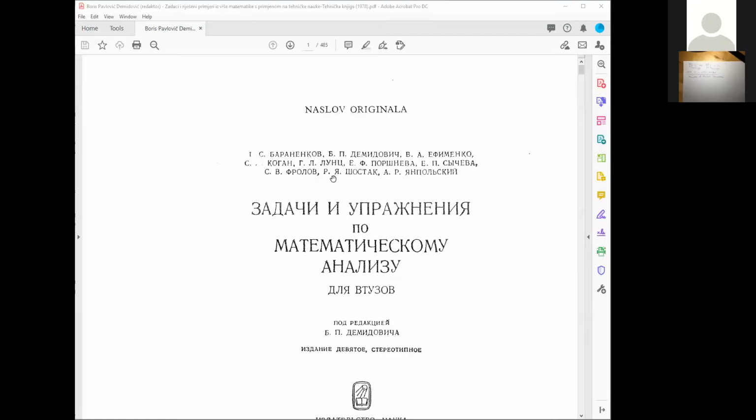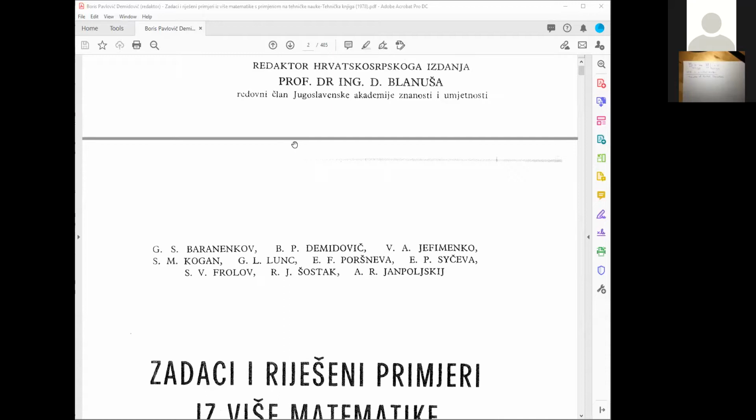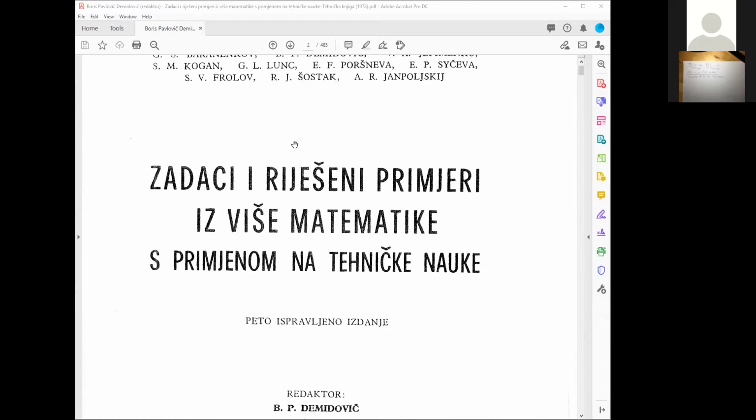So this is my favorite book right here, which is just a collection of problems in mathematical analysis compiled by Demidovich, okay, from the Soviet Union, and there are some very famous names right here. Of course, I have it in Serbo-Croatian from a very old country that doesn't exist anymore.